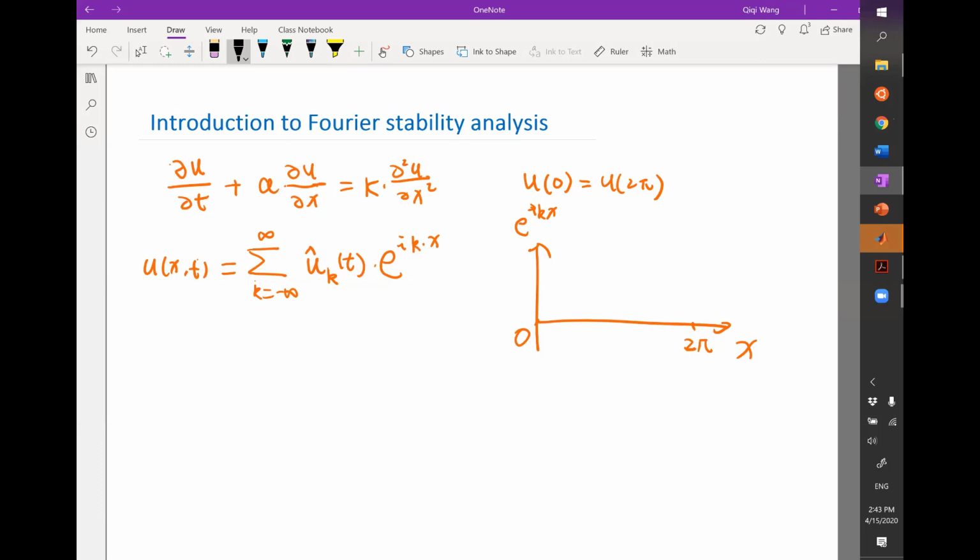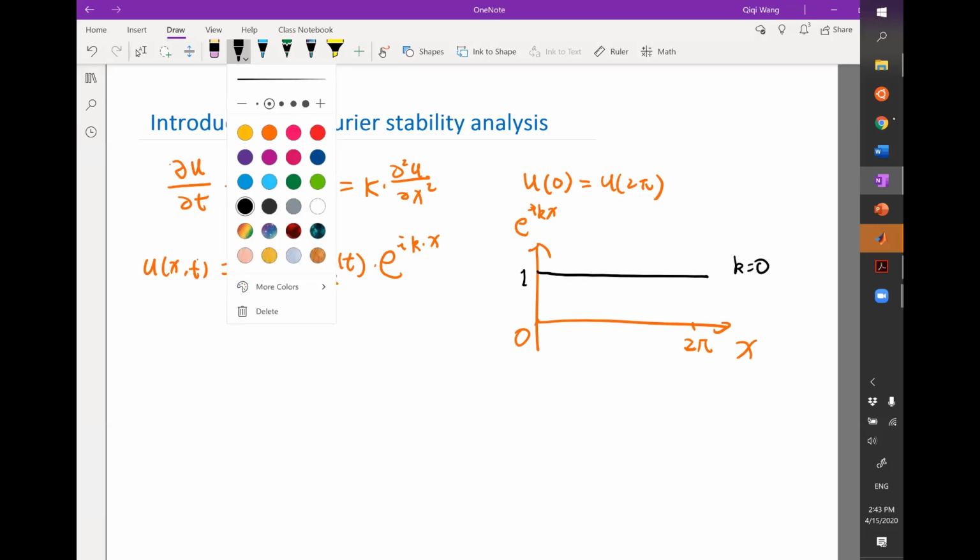Well, we have e to the 0, always, so the function is equal to 1. The 0th term is a constant, so that value here is 1. This is k equal to 0.